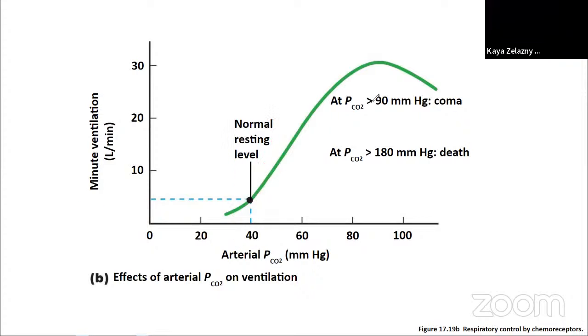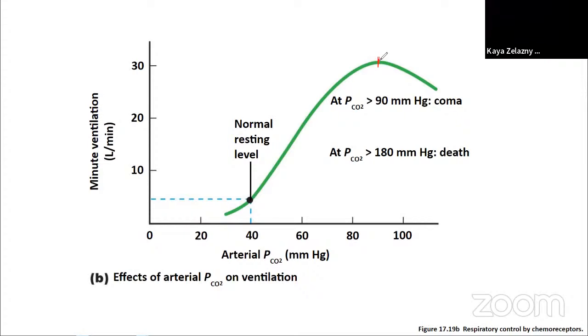Now, you might notice that there's a point at which it peaks. Here we have a partial pressure of carbon dioxide of about 90. The reason we have a peak and a fall here is because you go into a coma if your carbon dioxide levels get this high.